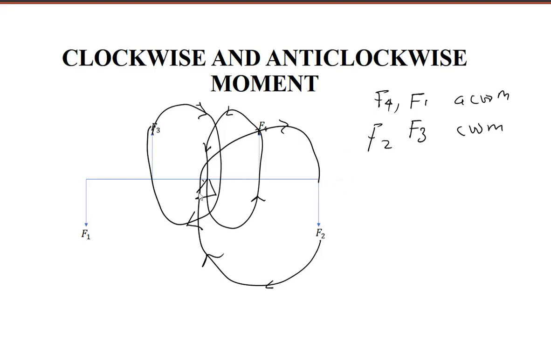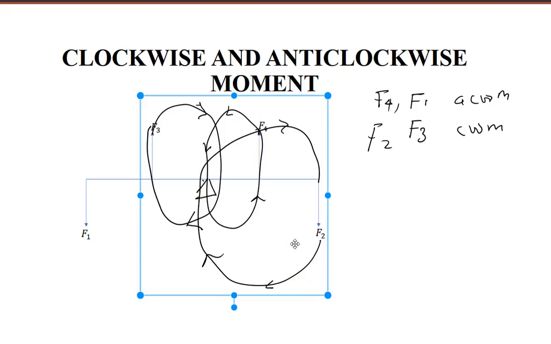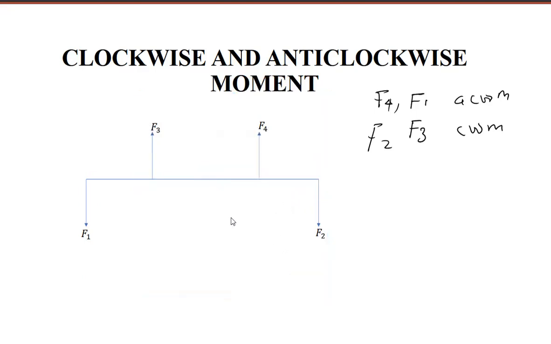So in this system, you can see that the forces F1 and F4 are undergoing anticlockwise movement if the knife edge is in that position, while F2 and F3 are undergoing clockwise movement. Now I want to move the knife edge to a point like this, assuming that this is where the body undergoes rotation.